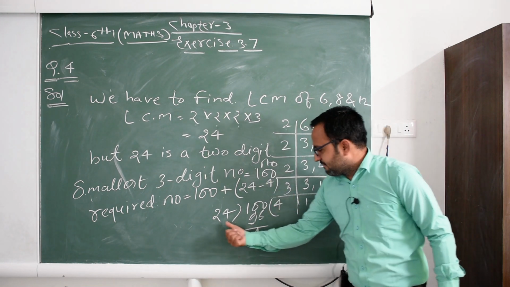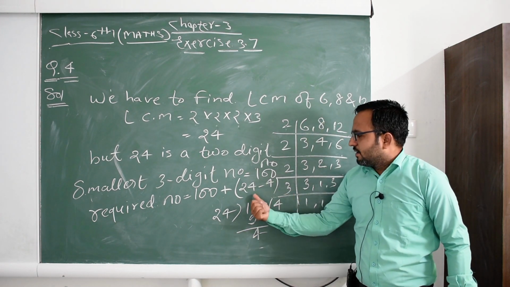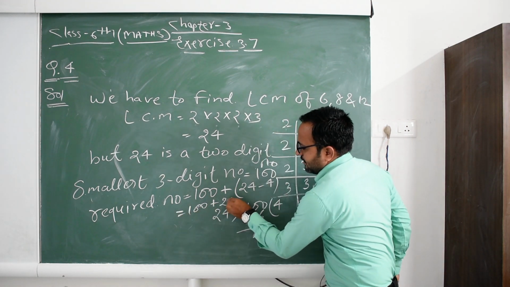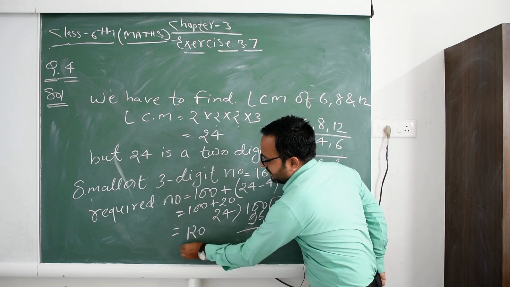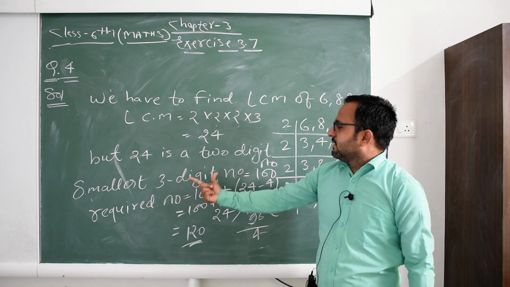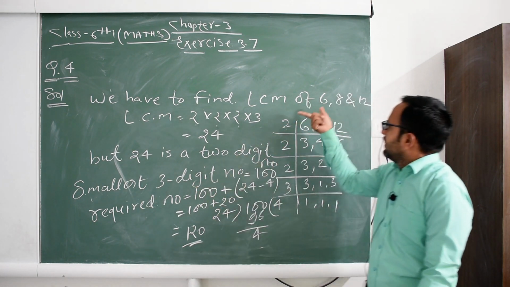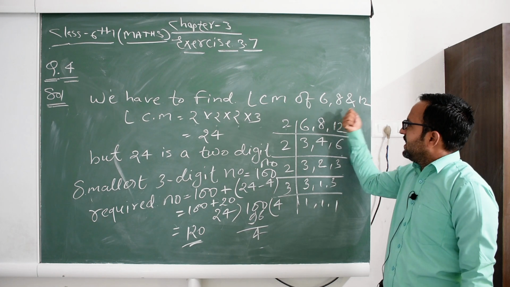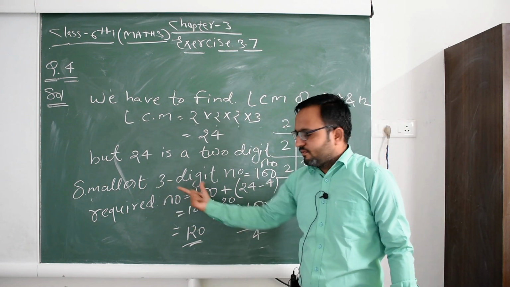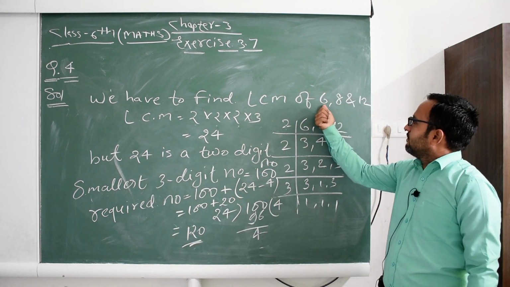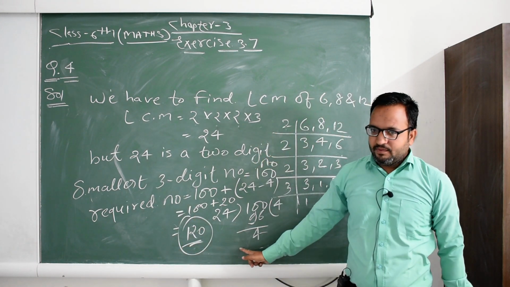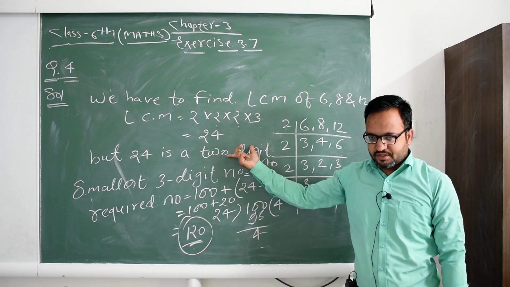We subtract 24 minus 4 and add it to 100. So 100 plus 20 equals 120. 120 is a 3-digit number which is exactly divisible by 6, 8 and 12. So 120 is your answer. This is the question number 4 solution.